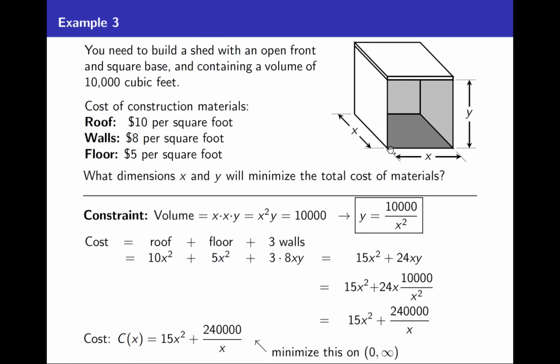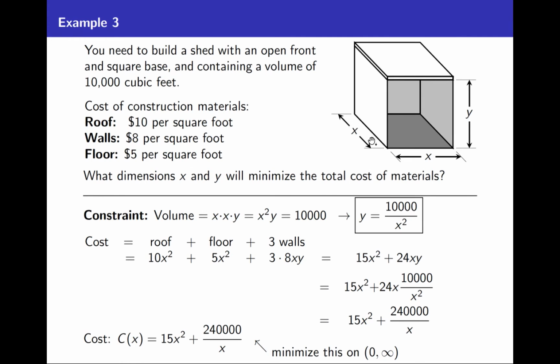And what's that interval going to be? Remember, we said x is a length, so it's got to be greater than 0. But then how big could x get? Well, x can get as big as it wants to get. If you look at this constraint function, x could be 10,000 feet or 100,000 feet or 1,000,000 feet if it wanted to. And then we get a corresponding y here that makes x times y equal to 10,000.